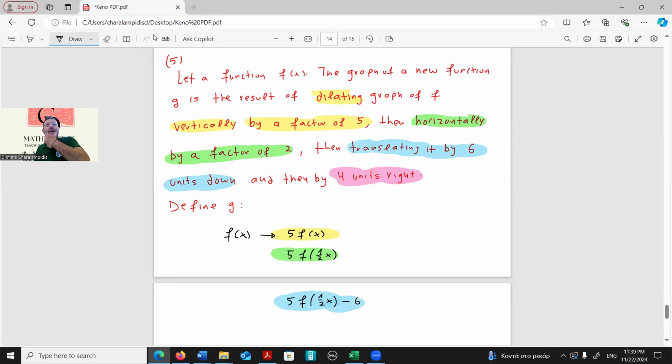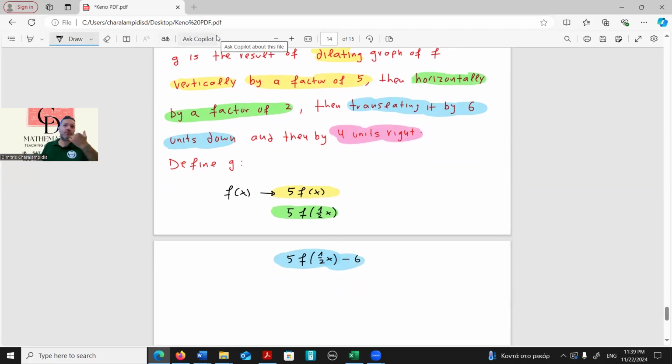For 4 units to the right, we should be able to see the opposite, so x minus 4. It's a horizontal, so it should work as a composition. We should go to the most updated version, the blue one, and instead of x, we should place x minus 4. Finally, my answer is 5f of 1/2 (x minus 4), minus 6. That would be all.